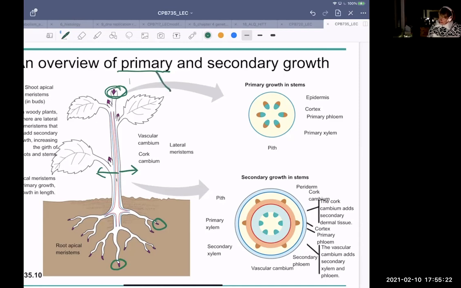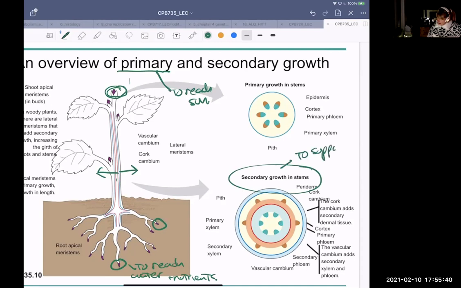So primary growth to reach sun, to reach water and nutrients, and secondary growth to support height. The plant, as it grows, will get heavier and heavier.